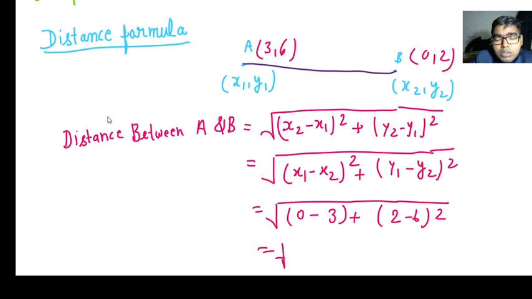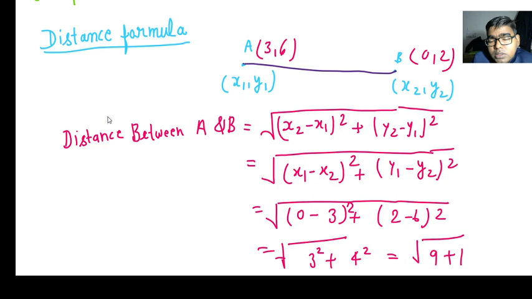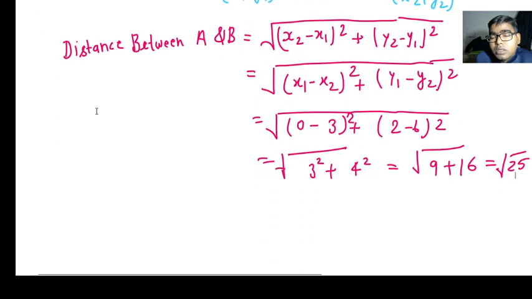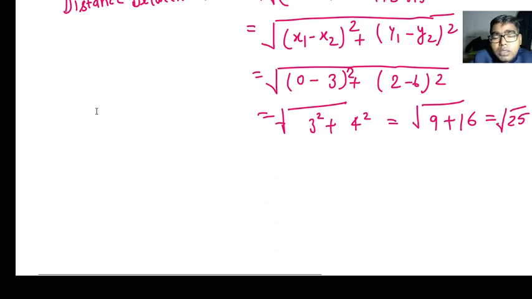It becomes 3 square plus 4 square, that is 9 plus 16, which is 25. And the square root of 25 is, you know, 5.